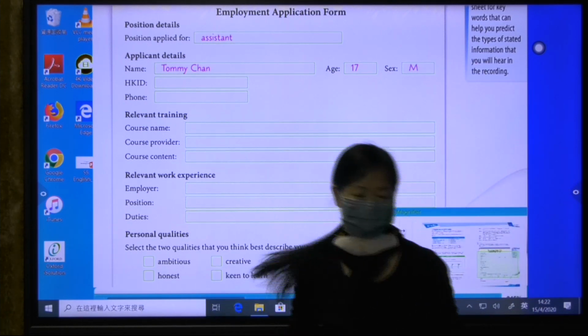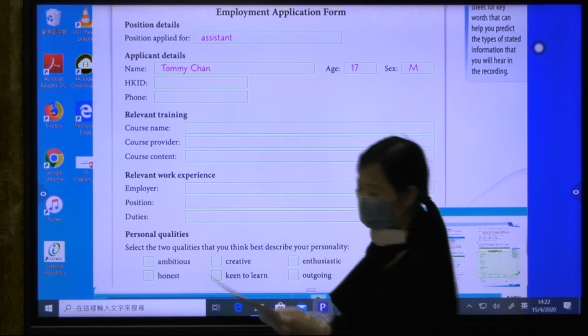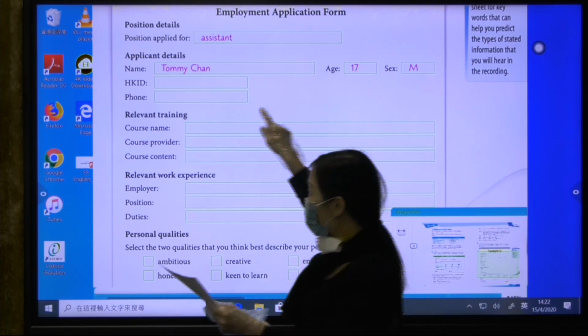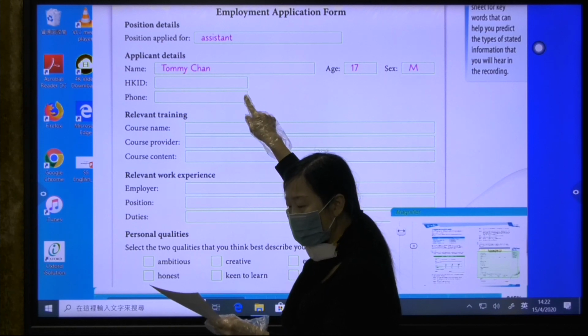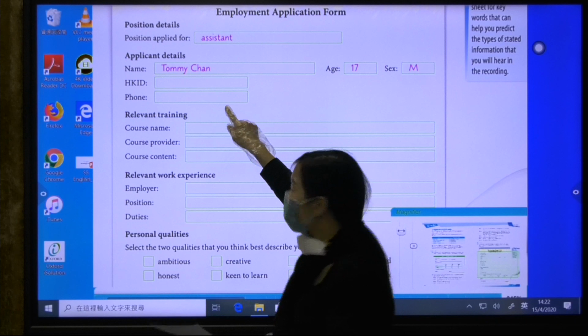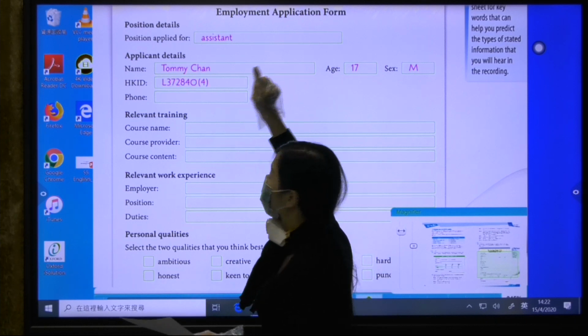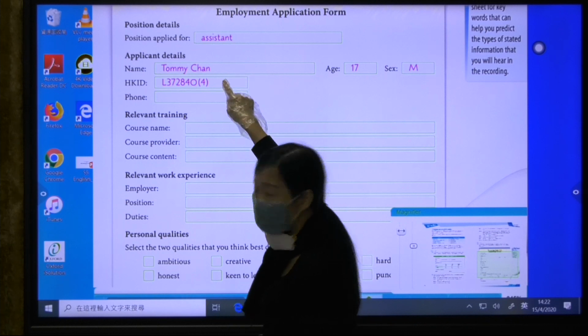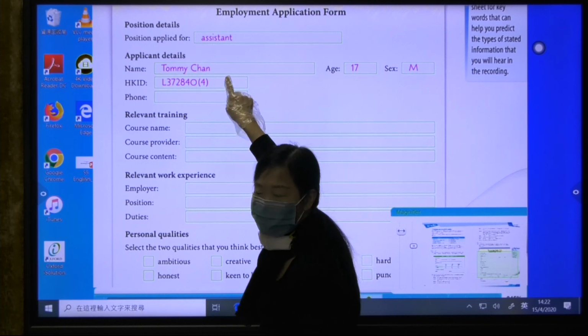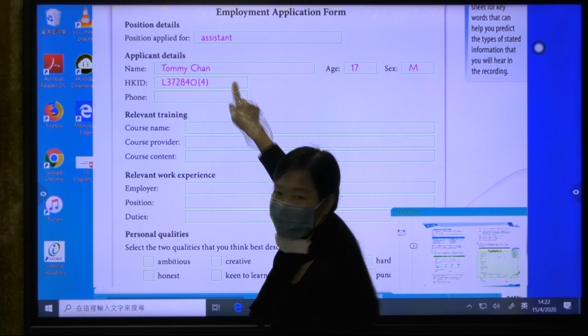And Hong Kong ID. What's the Hong Kong ID? It's L372840 bracket 4. If you didn't get that just now, I had spelled it for you.